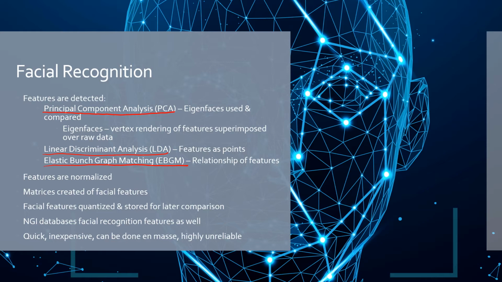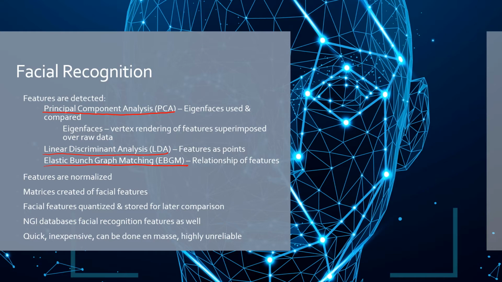PCA uses something called eigenfaces to compare faces. This is a technology to render somebody's face like a series of vertices. So instead of even curved smooth planes, you break it into these linear chunks basically of triangles and other shapes to create what's otherwise a relatively smooth image.